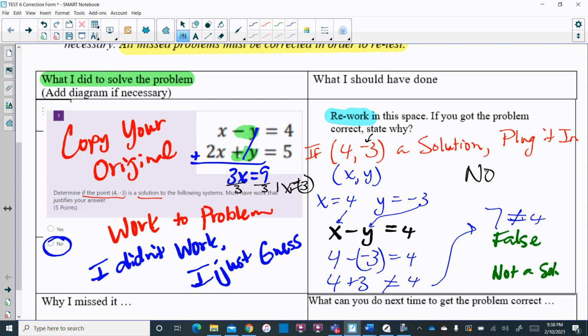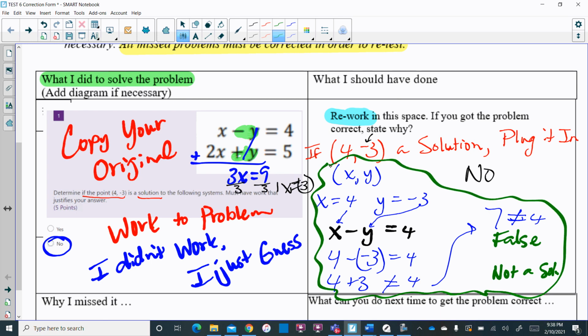Like, if you don't have all these beautiful steps and plugging in and things like this shown on your paper, you're not showing understanding. You're not showing mastery or proficiency. You're not showing anything, and I can't give you credit. You got to show your thinking, and your thinking for different types of problems has to be reasonable, has to match, has to go together.